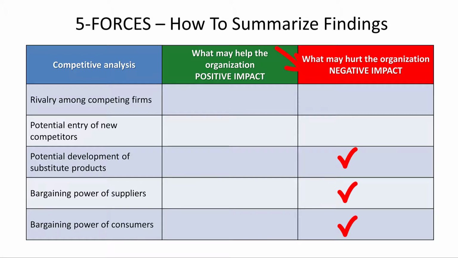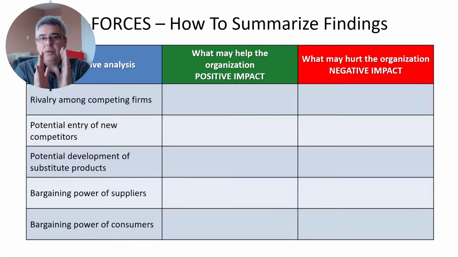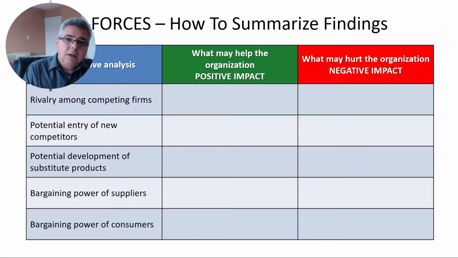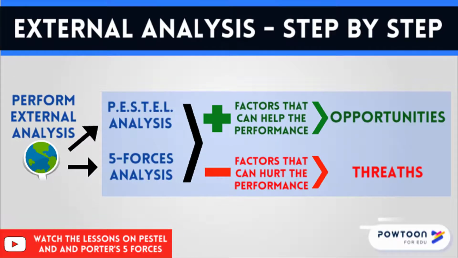And you list that here. Green column, help, has a positive impact. Red, hurt the company.